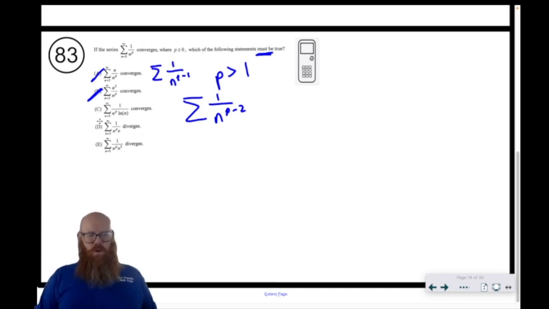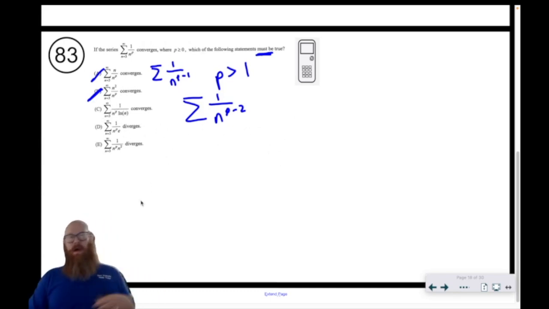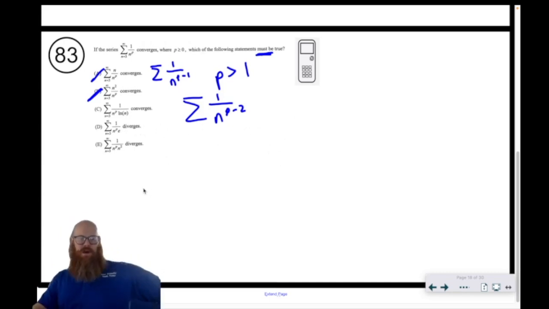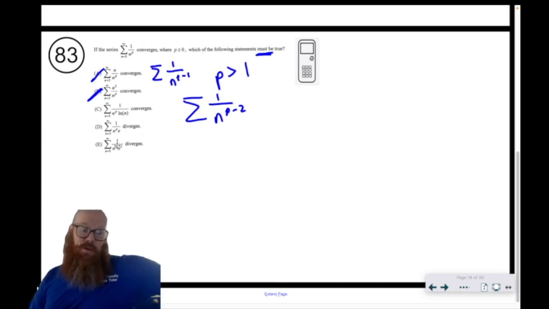Well, C, what ends up happening is I have this thing that converges, and then I multiply by the ln of n on the bottom. The ln of n is definitely a positive number, and that's bigger than 1, especially by the time I get past 3. And when I multiply the denominator by a positive number bigger than 1, the denominator gets bigger, which means the fraction gets smaller.